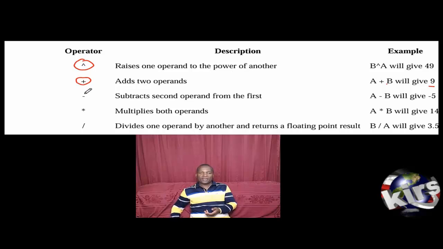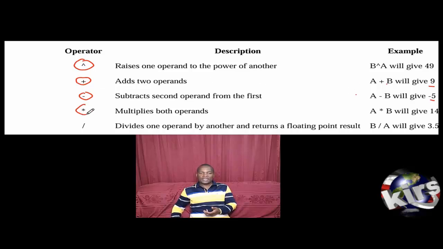Then we have the other arithmetic operator here, which subtracts the second operand from the first. If a is 2 and b is 7, we have 2 minus 7, which will give us the result -5.